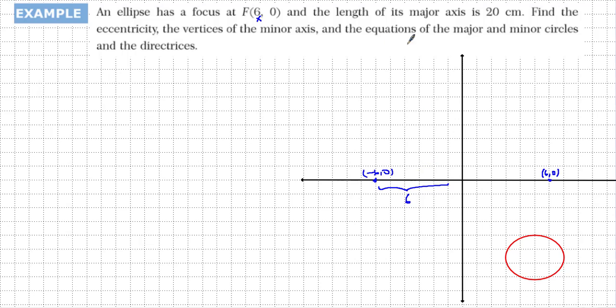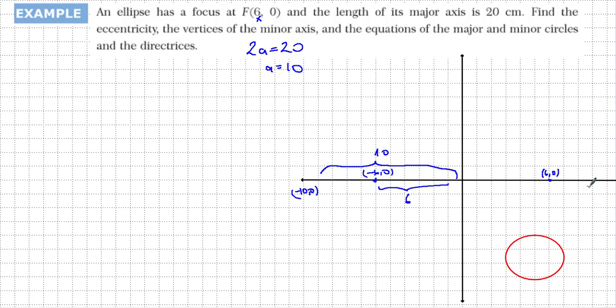Then we define the c value, which is equal to 6. The length of the major axis is 20, so 2a is equal to 20, which means a is equal to 10. If a is equal to 10, this is the major axis, and this length here is 10, so the points are (-10, 0) and (10, 0).